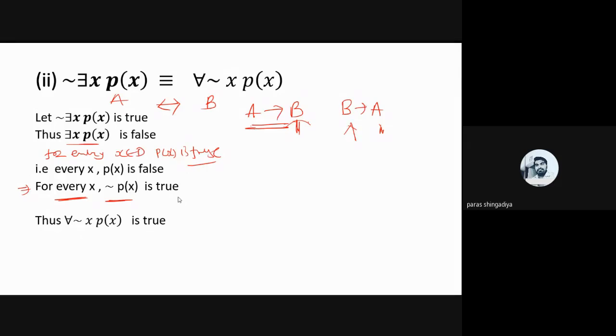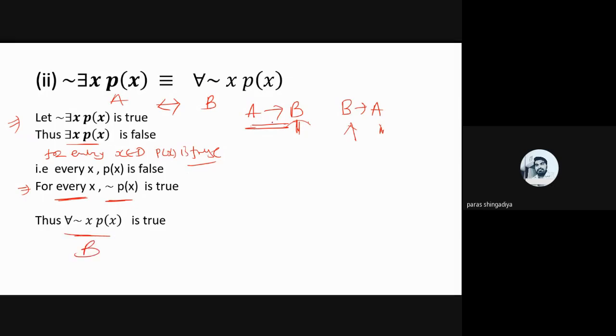That can be written as for every x negation P(x) is true. That is B. So based on A, meaning we consider A is true, by using this A we prove that B is also true. Means A to B is complete.